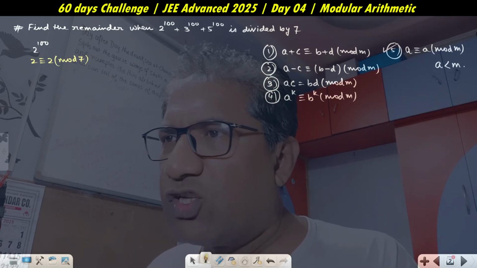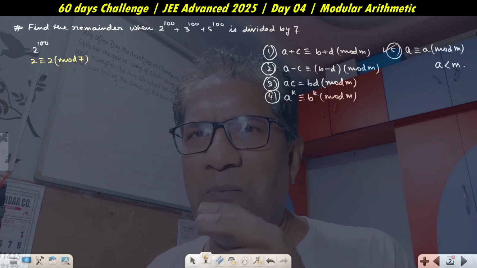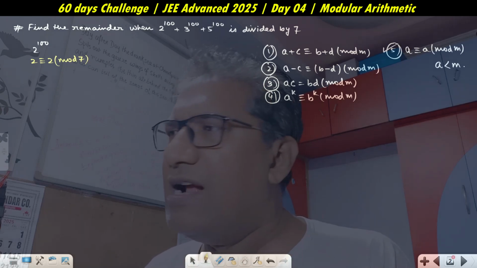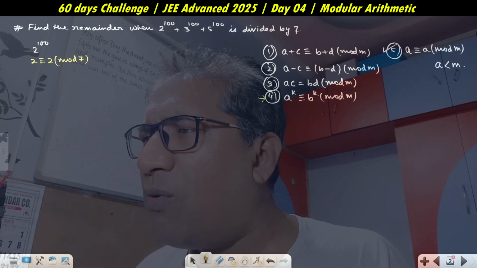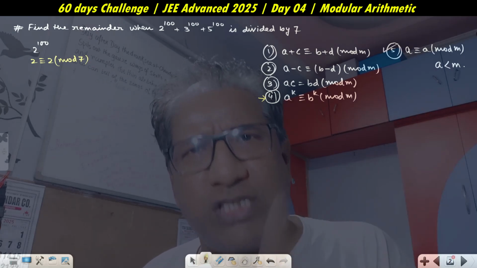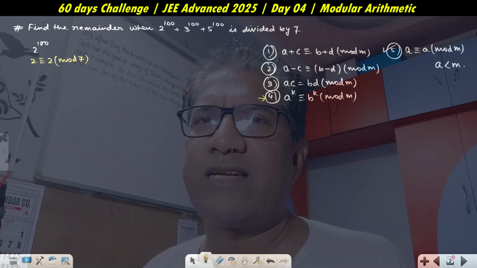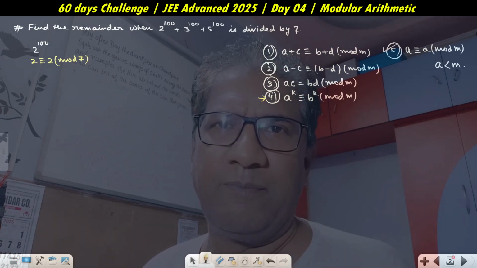And you know why? Because the moment you get the remainder as 1, I can raise its power to any level, and the remainder will still be 1. That is why we are interested in finding the remainder as 1.